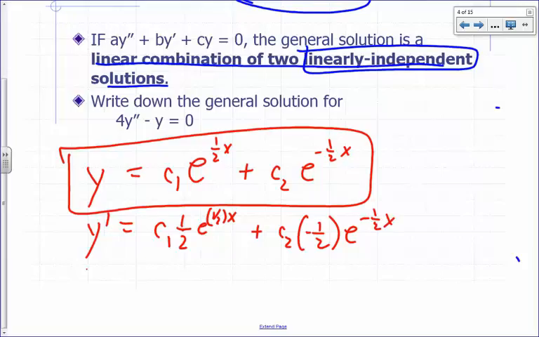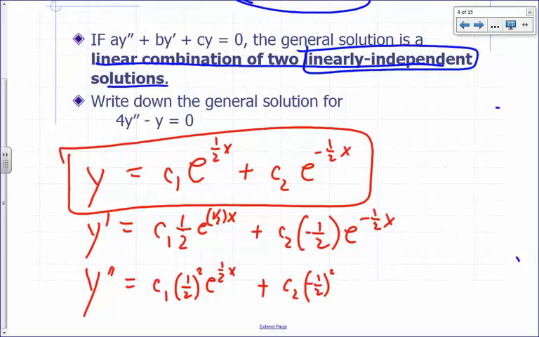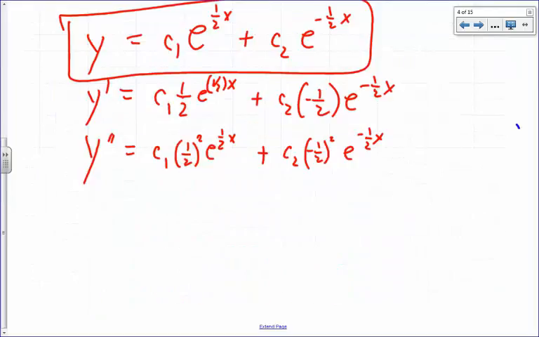So that's your y prime. What's your y double prime? c1 times 1/2 squared, which is 1/4, e to the 1/2 x, and c2 times negative 1/2 squared, so that's 1/4, e to the negative 1/2 x.